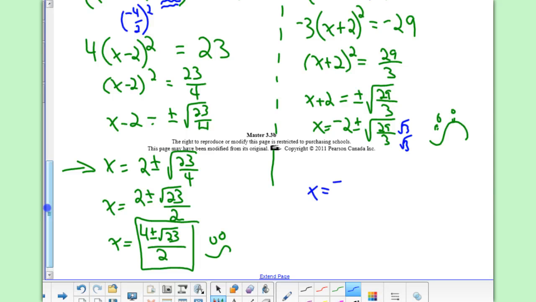And so I will get x equals -2 plus or minus the square root of 3 times 29, which is 87, all over 3. And I need to have a common denominator, so it'll actually be -6 plus or minus the square root of 87 over 3. This is where we'll probably need to talk a little bit, because that might be a little tricky, okay? But that's the most important part, is this part here.